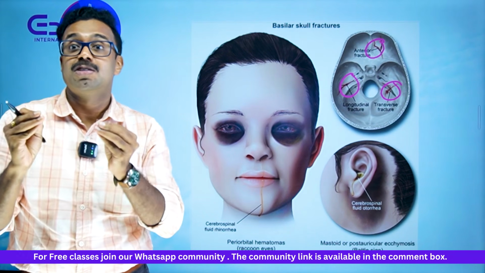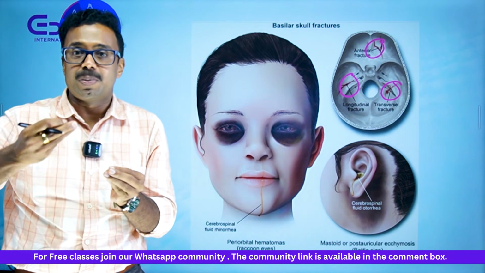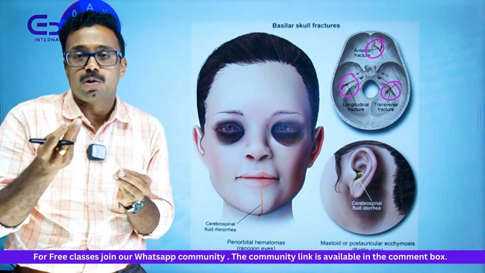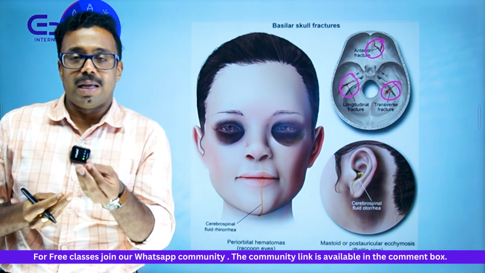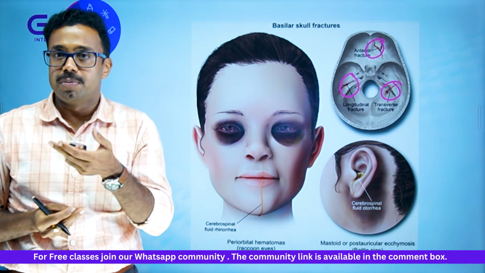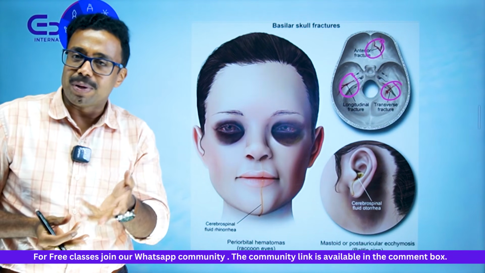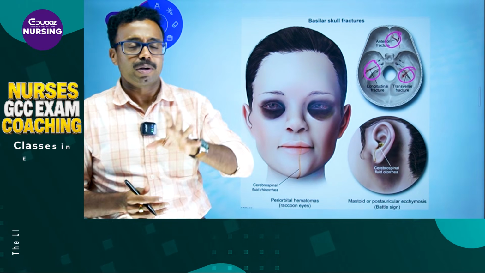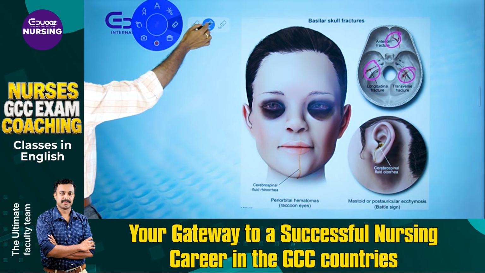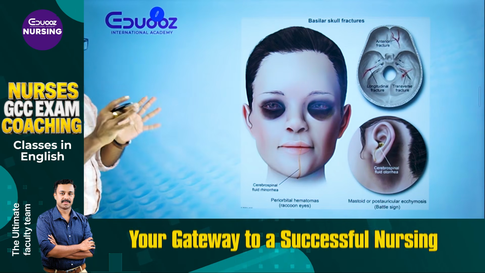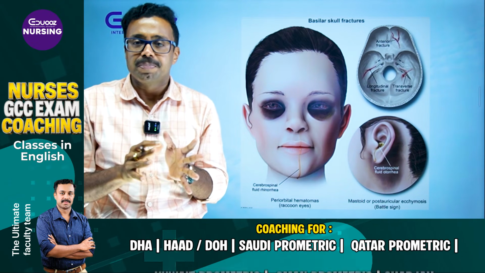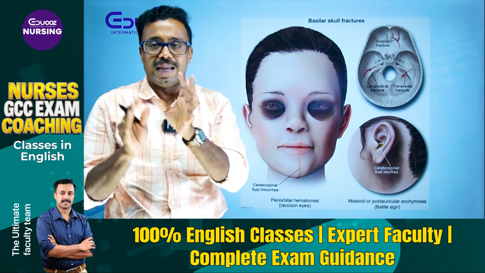If they have a basilar skull fracture, the secretions, especially the CSF, can drain through any of the ports. It can drain out through the nose, which we call rhinorrhea, or it can drain out through the ears, which we call otorrhea. So if the patient has a basilar skull fracture and is exhibiting any of these, it will mean the patient has some sort of injury in the basilar area of the skull.